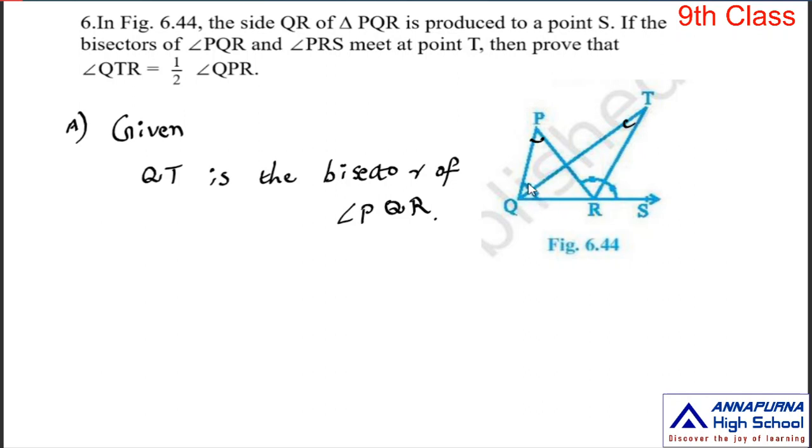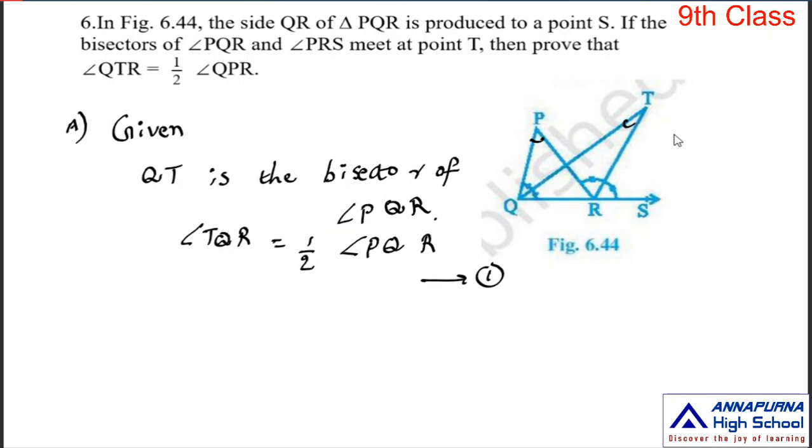These two angles are equal because QT is the angular bisector. So angle TQR is equal to half of the angle PQR. This is equation 1.